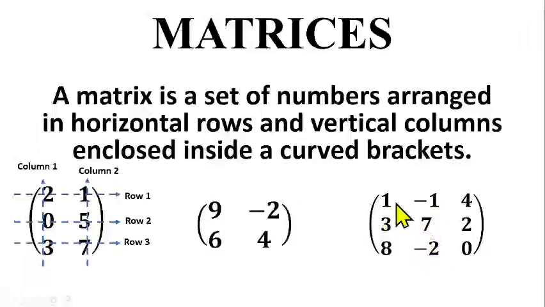You can see that it has the first row, the second row, and the third row, and the first column, second column, and third column. So this matrix has 3 rows and 3 columns. Now I want to believe that you understand what a matrix is: the arrangement of numbers in rows and columns enclosed in a curved bracket.